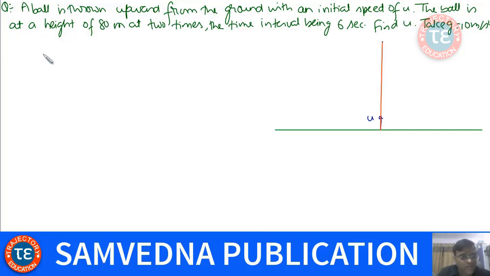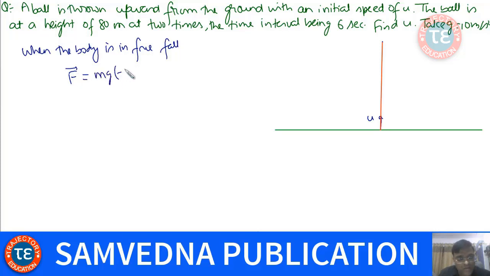See, I'll tell you the formula for these kinds of questions. Suppose the body is in free fall. Let me give you the equation. When the body is in free fall, then the force acting on the body is mg in the minus j cap direction.